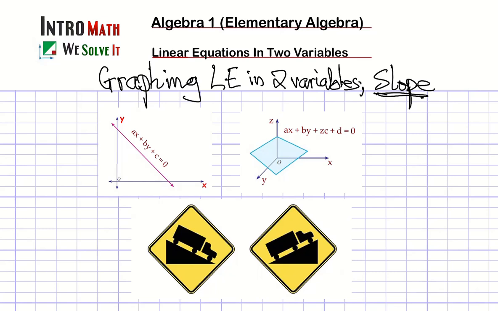When you are describing slope using a graph, you have to look from left to right. You remember when we did the algebra, all that BODMAS, other operations, you gotta look from left to right. The same thing with slope, you gotta always look from left to right. Now, if you're looking at the picture of those two trucks, you can easily tell that one is going down, one is going up.